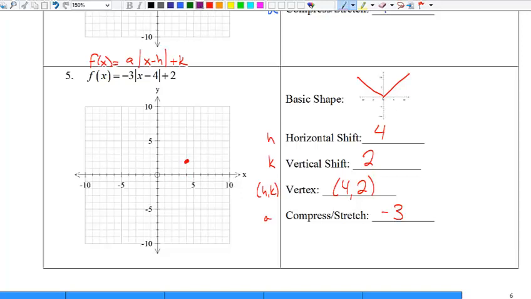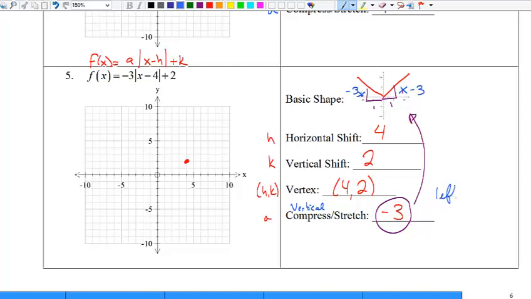Looking at the basic shape, normally I would go right 1 and up 1 and left 1 and up 1. But in this case, because my a is negative 3, the left and right 1 stay the same. Why? Well, because it's not a horizontal stretch and compress, it's a vertical stretch and compress. So the vertical parts change to whatever the a is.